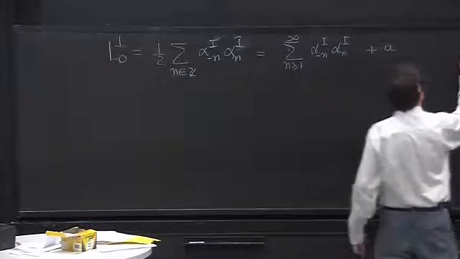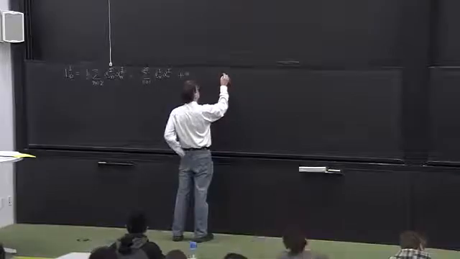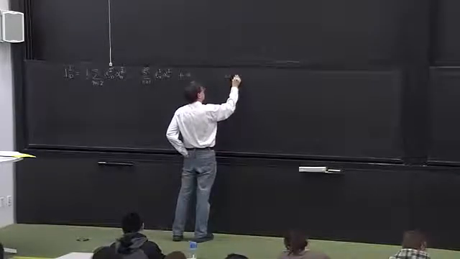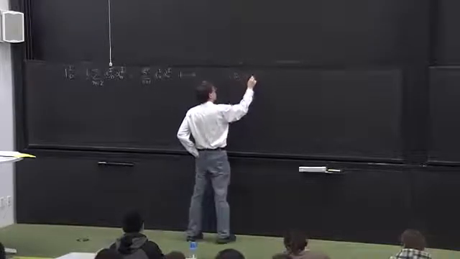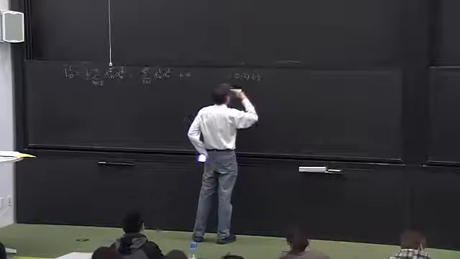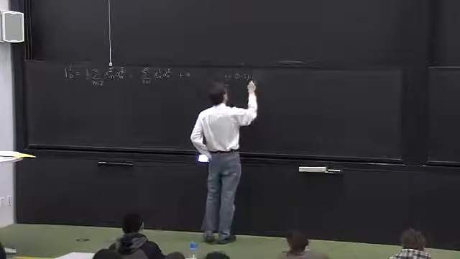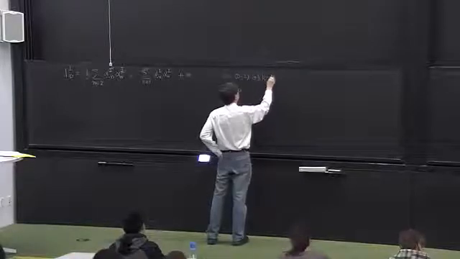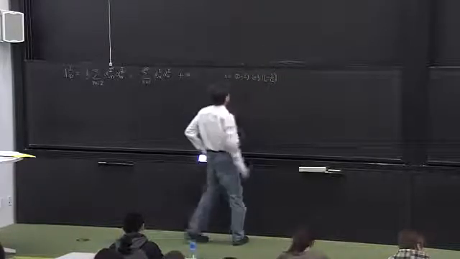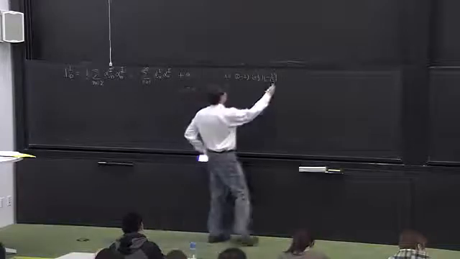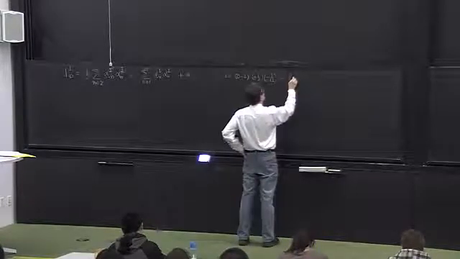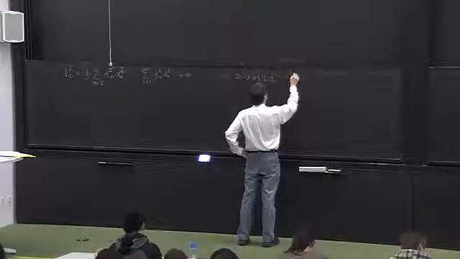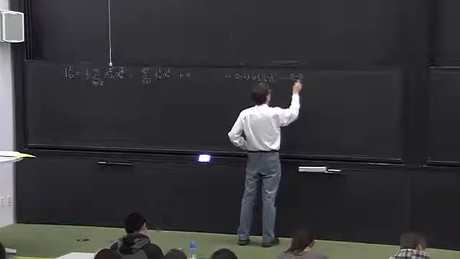That a came out to be proportional to d minus 2. There was a plus 1/2 in front, and then minus 1/12. So actually, it came out to be d minus 2 times minus 1 over 24.